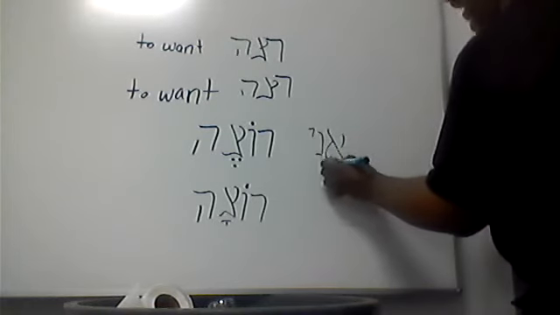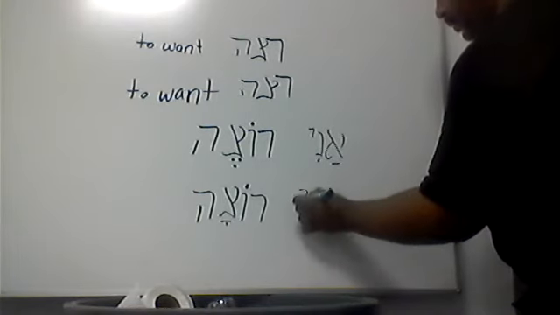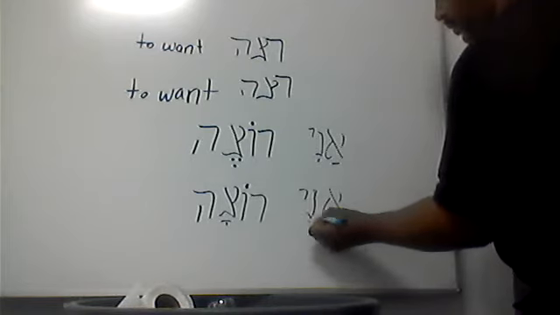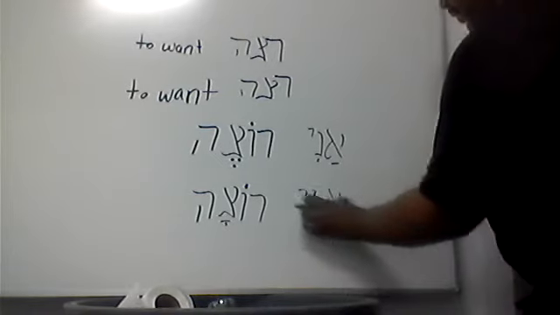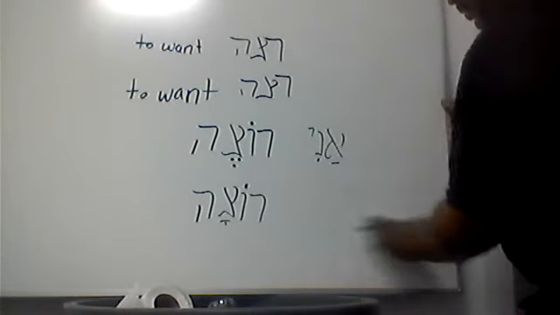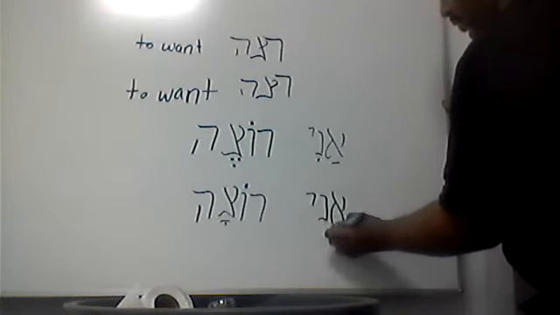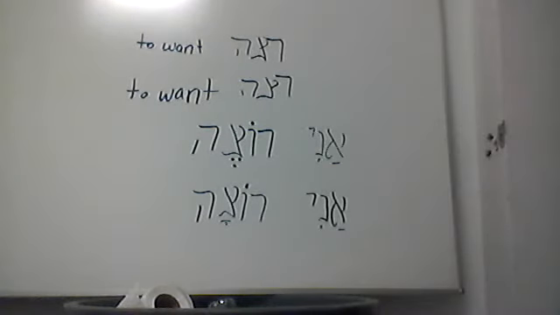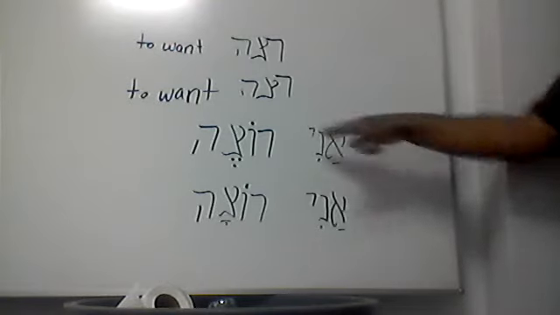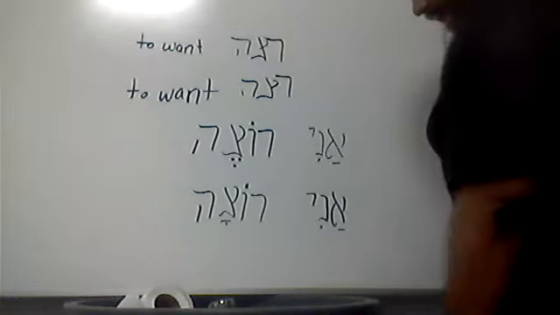By now we can understand that ani, both masculine and feminine, means I. Ani rotza, I want, if a female is saying it. Ani rotze, a male saying, I want. Regardless of the age of the male or the female.